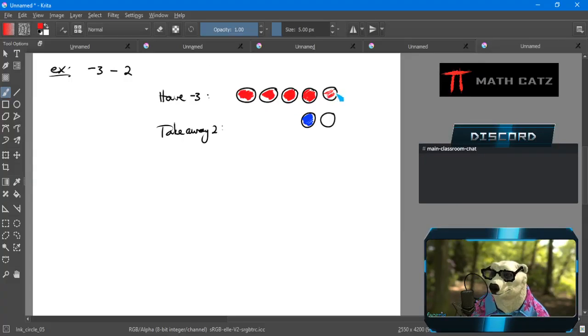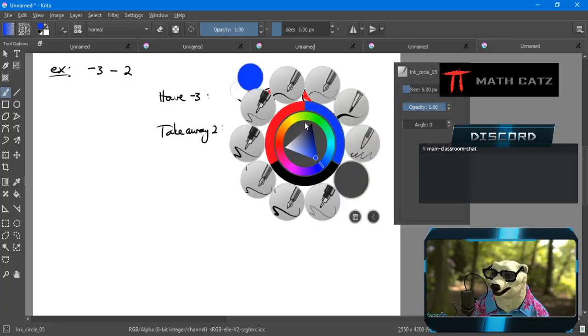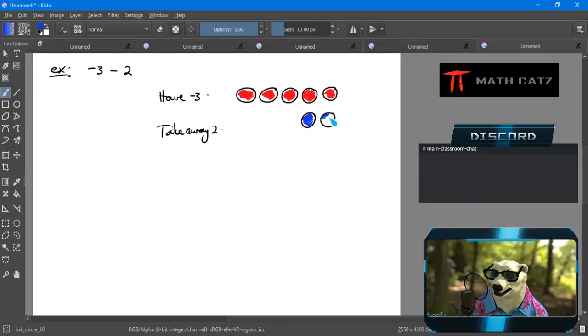And a blue. Essentially not changing what I have. Now I can physically remove them.